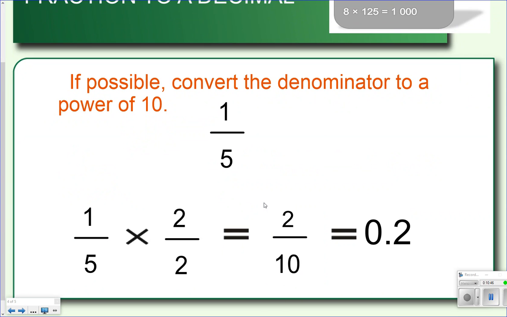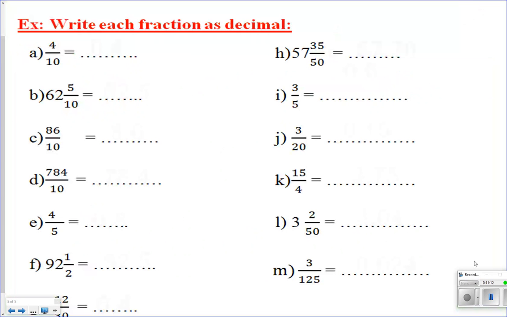And the question here is to write it as a decimal. How to write it as a decimal? We said before, I write this number as it is. The denominator has how many zeros? 1 zero. So I'll put the decimal point after one digit. 2 over 10 meaning 2 tenths, and this number is 0.2.